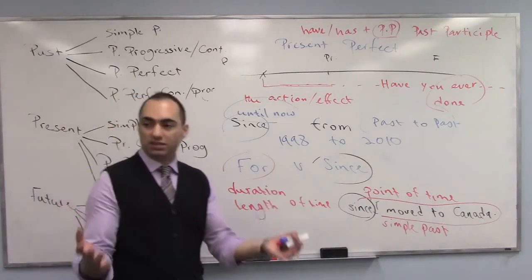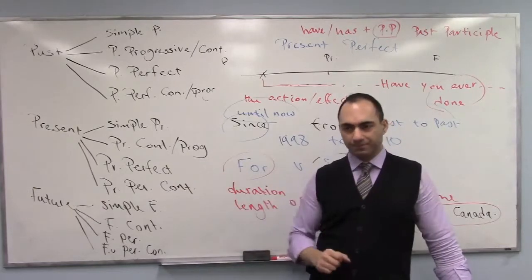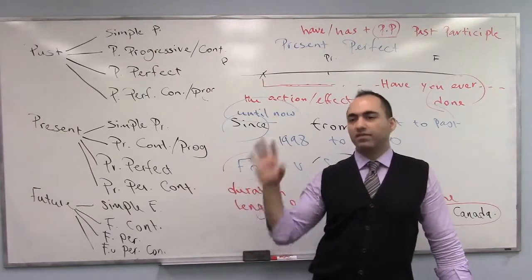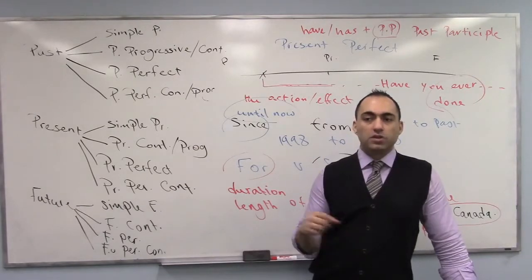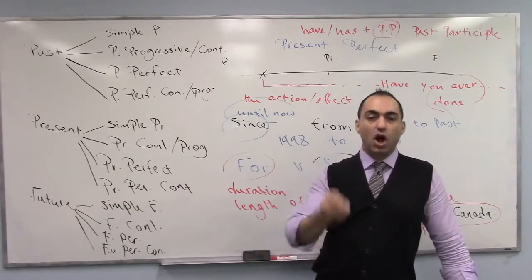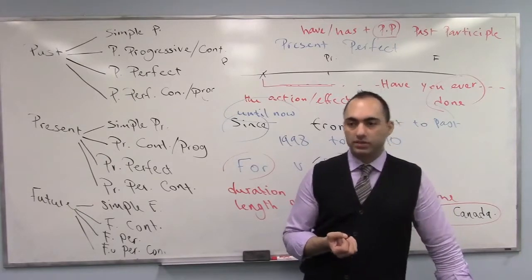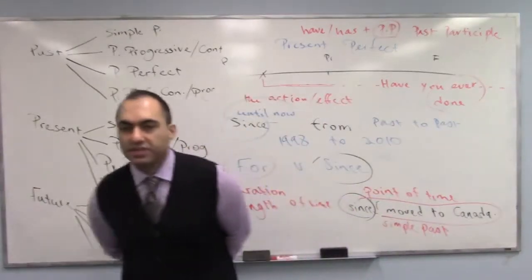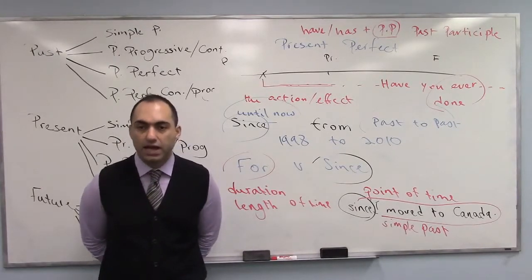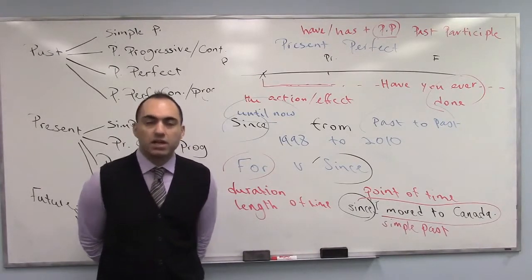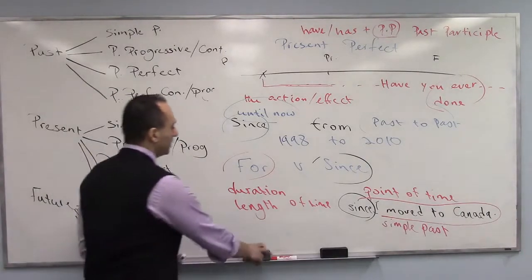So in history, we use from this time to that time. But we can't say from then until now. So whenever we say since, it always means until now. Since 1996, it means until now. Since 2003, it means until now.